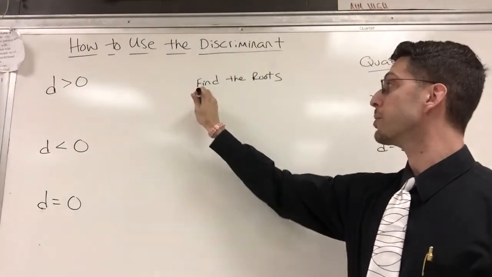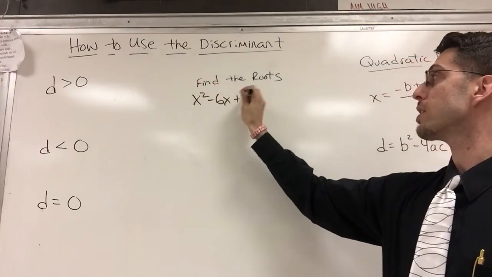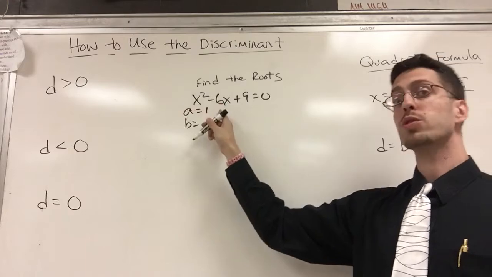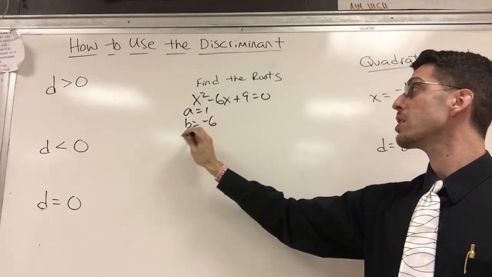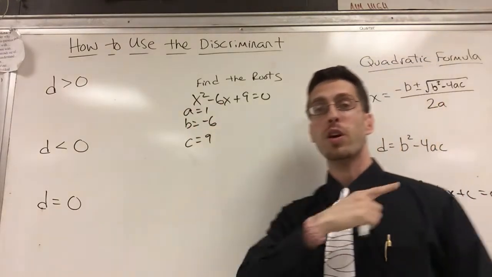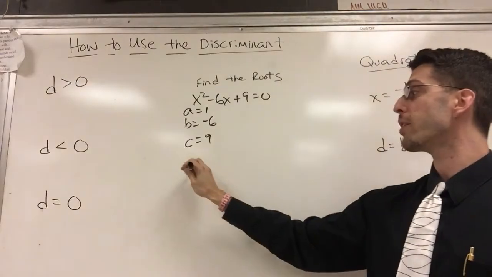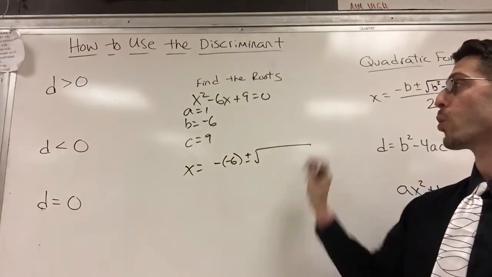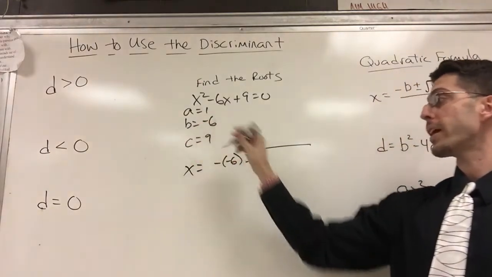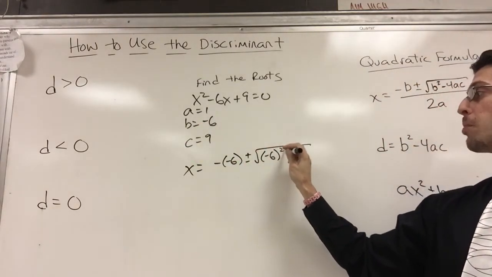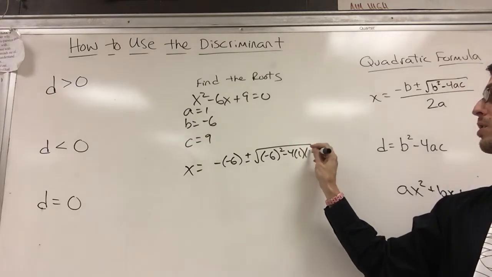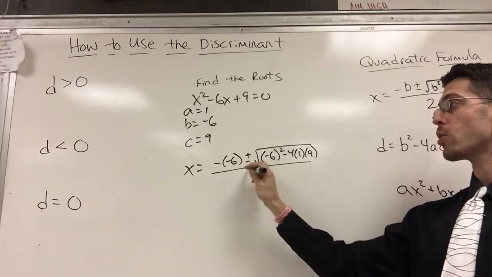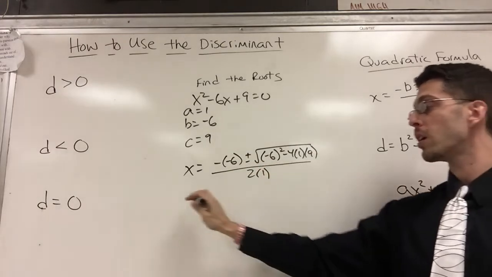So it was x squared minus 6x plus 9 equals 0. So understand that a is 1, b is the middle term, the negative 6, and c is positive 9. So when I use the quadratic formula, I have x equals negative 6 plus or minus the square root of negative 6 squared minus 4ac, 4 times 1 times 9, and the whole thing is all over 2 times 1.